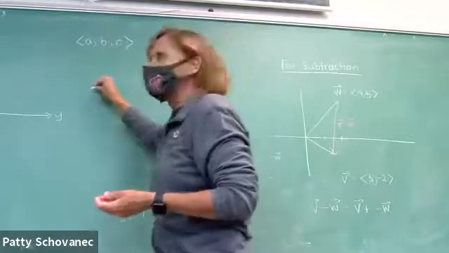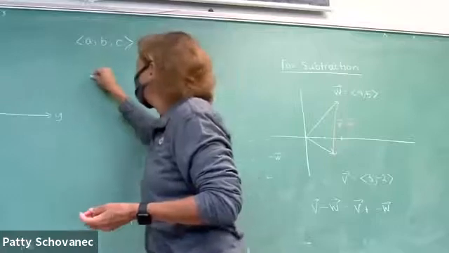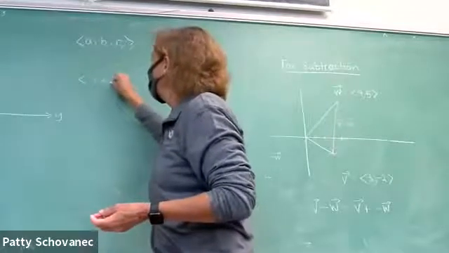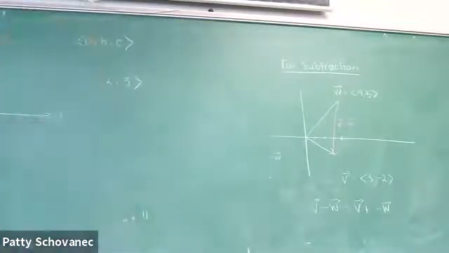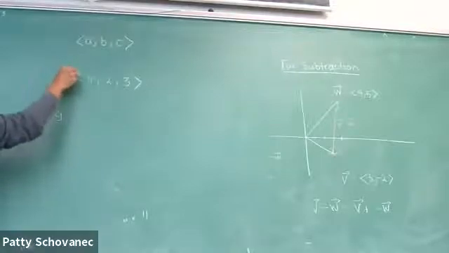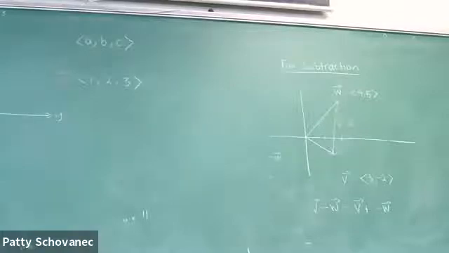So if I want to plot the position vector 1, 2, 3, I come out at you 1 unit. Then from there, I move over 2 units. And then from there, I go up 3 units. And so there it is right here.